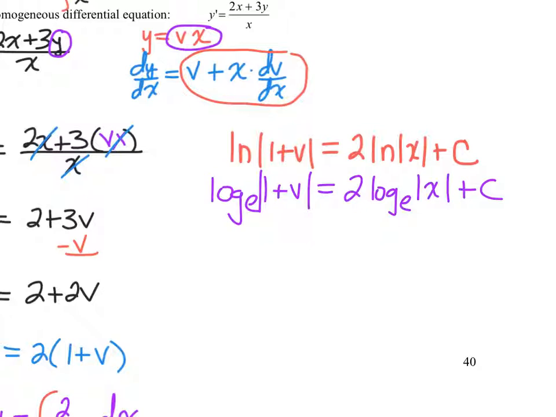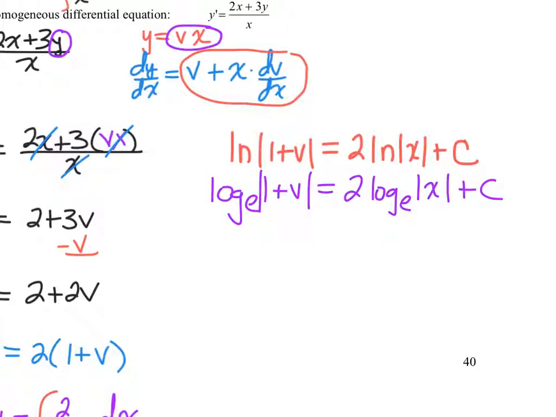Why can't you get rid of the logs by raising both sides to e? You can do e to both sides, and then when you do that, you're going to have to break this up first. You'll have to clean all this up. e to the C, which is just C. So you'd have C e to the natural log of x squared, so C x squared.